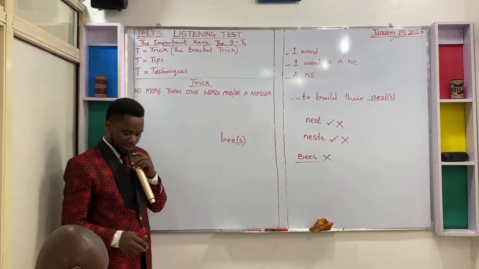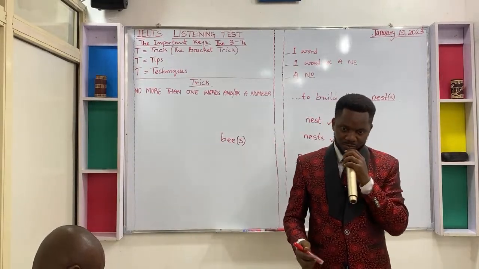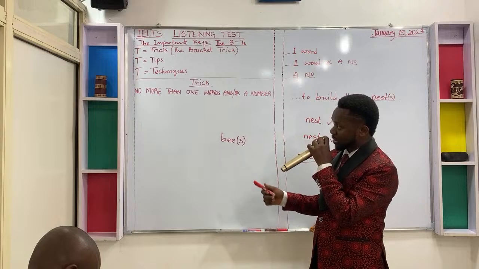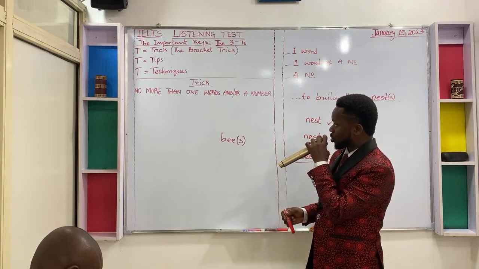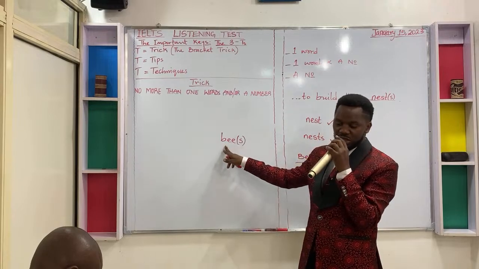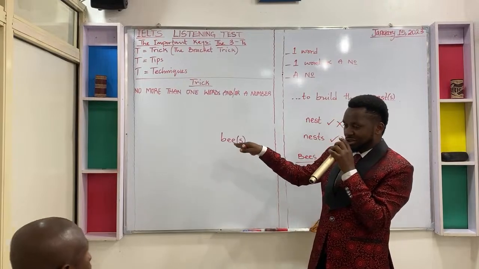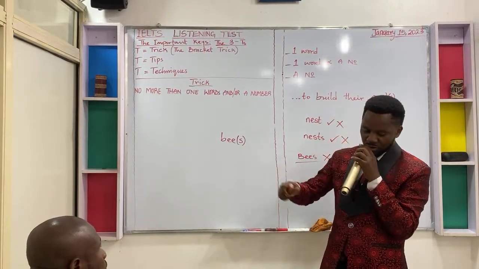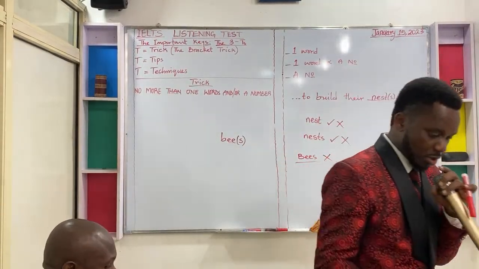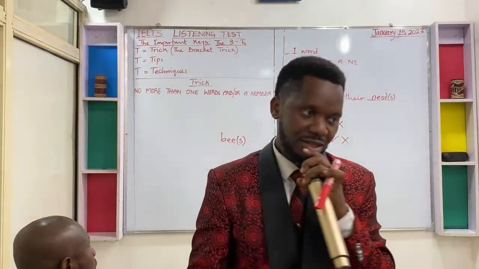Now let me ask a very simple question. When you are working on a section that says no more than one word and or a number, and you are treating one word answers, what does the bracket trick focus on? What function does it play on one word answers?